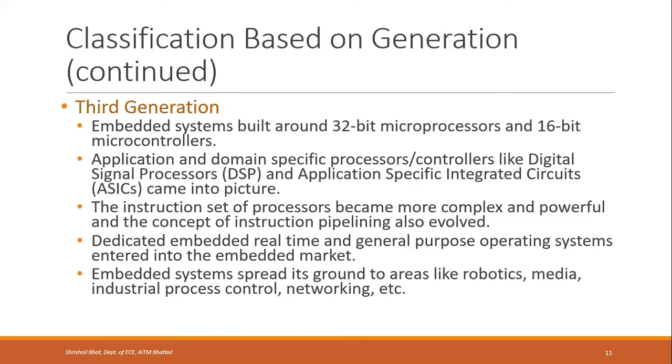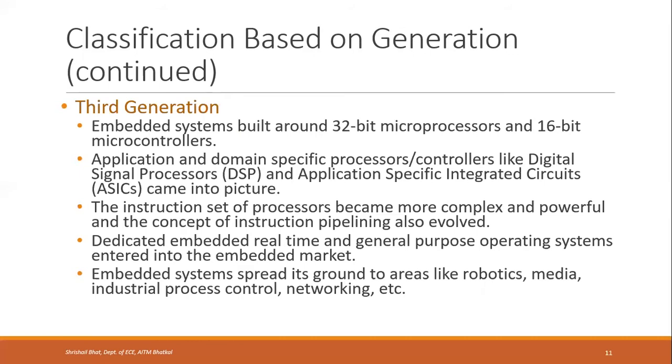In the third generation, the embedded systems are built around 32-bit microprocessors and 16-bit microcontrollers. The application and domain-specific processors or controllers, like digital signal processors and application-specific integrated circuits, came into picture. Apart from microprocessors and microcontrollers, DSPs and ASICs came into picture. The instruction set of processors became more complex and powerful, and the concept of instruction pipelining also came into picture.